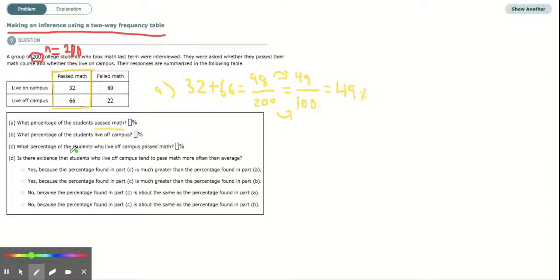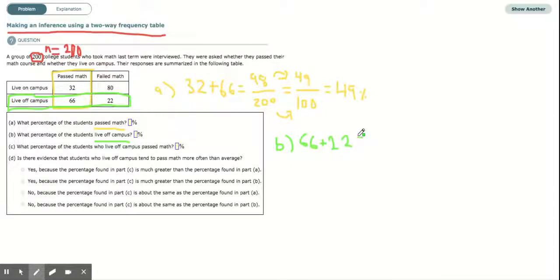Now in this next question, it's asking us the percent of students who live off campus. So here we're just looking at this variable. How many students live off campus? It looks like 66 live off campus who passed math, and then 22 who failed and live off campus, right?